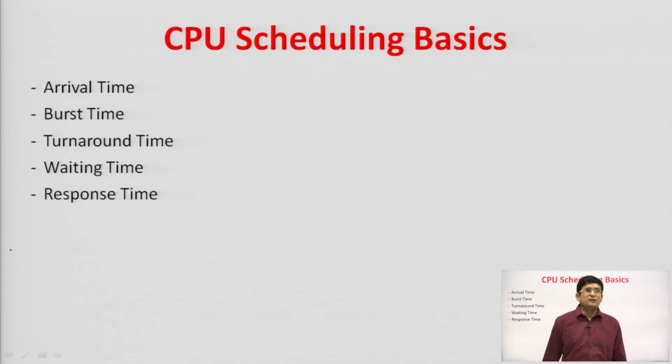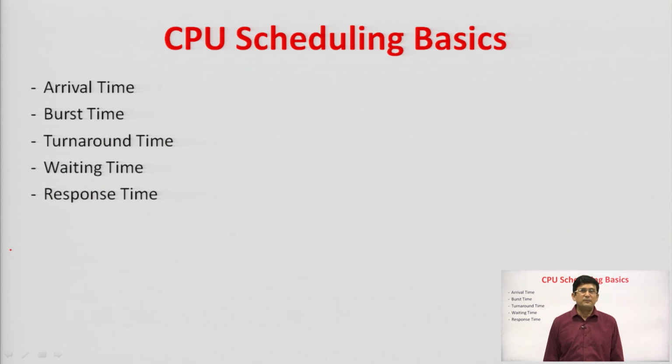Now, we already discussed these things, but let us have a quick reminder of all these parameters. The arrival time means at what time a process arrives in the ready queue. Ready queue means a queue is maintained of all the processes which want to execute on the CPU.